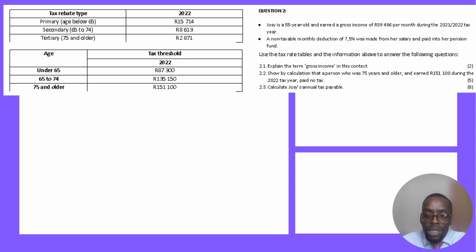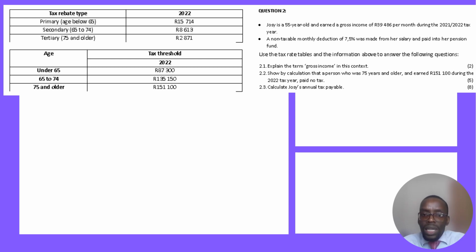Gross income is the amount of Josie's salary or income before deductions are made. So someone could have said it is Josie's salary before any deductions. So that becomes your gross salary in this given context.